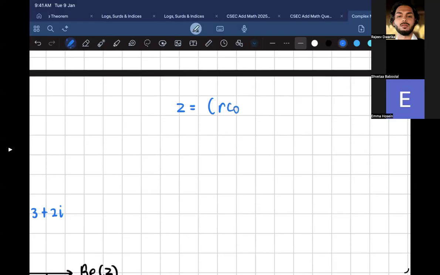Right, so the r should be on the outside. Let me show you one more time how they come up with this.